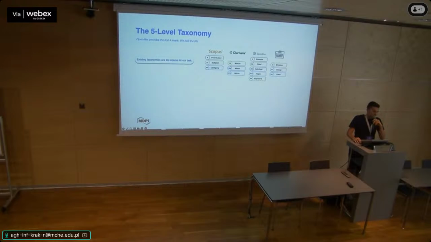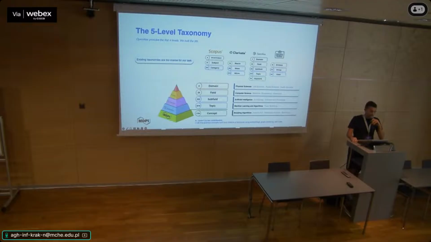Existing taxonomies were too coarse for our task. So our goal in building this taxonomy was to reduce the noise from author keywords to something more standardized and structured. And all the providers we found online were not precise enough for our specific task.